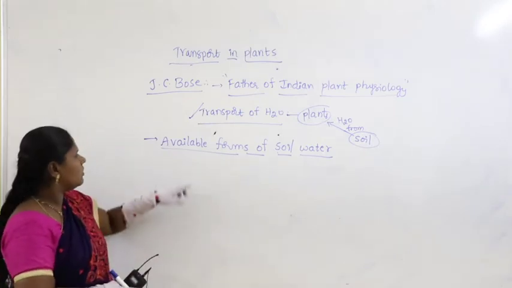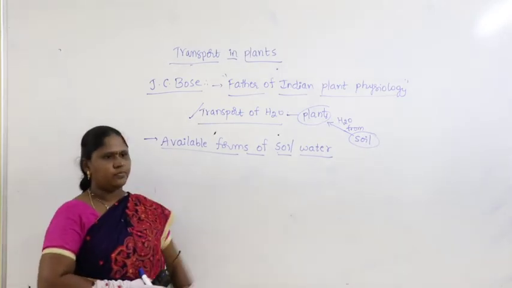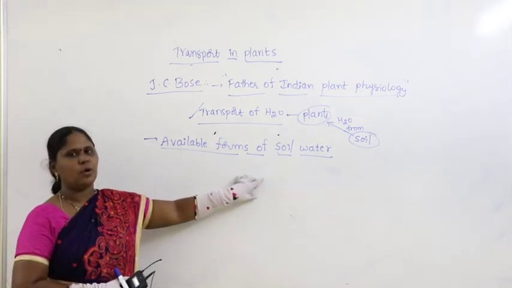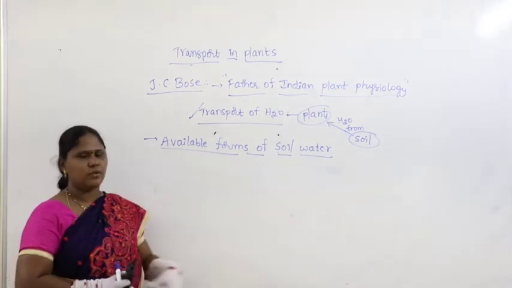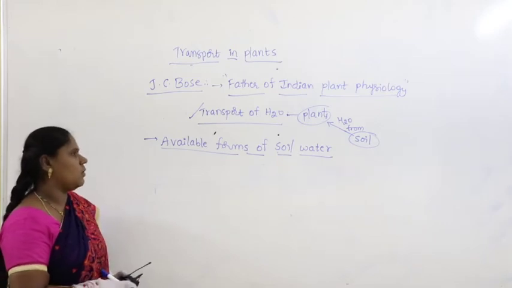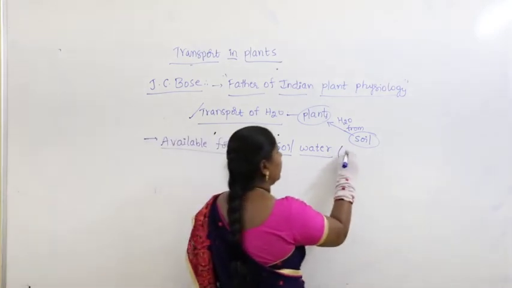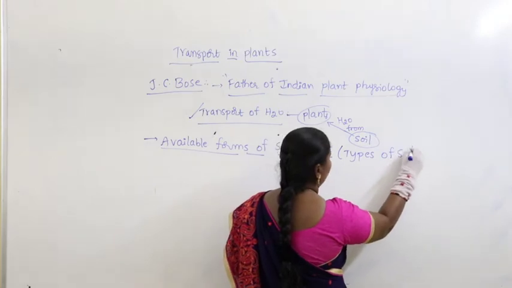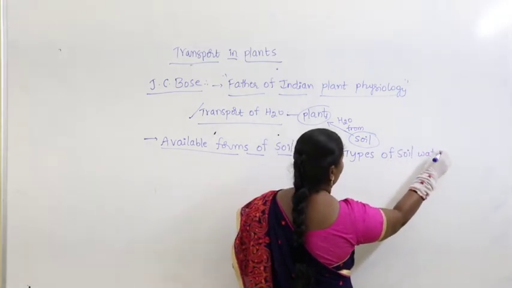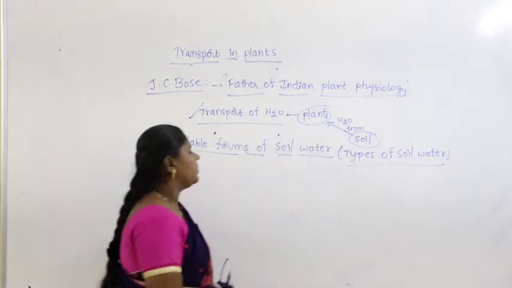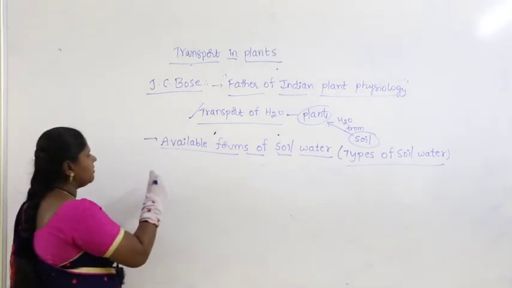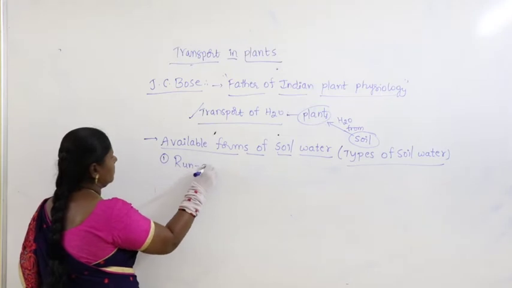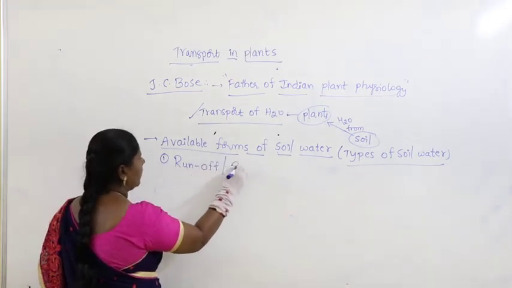What are the different forms of availability of water in the soil, or the types of soil water? We have 4 types. First one is runoff water, or runaway water.